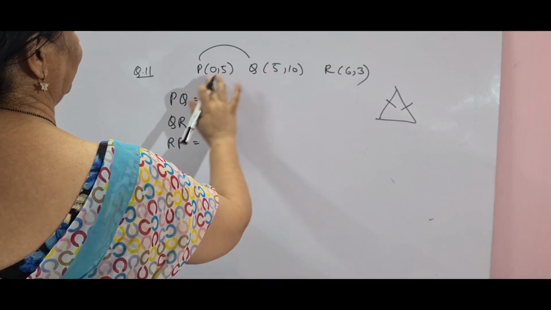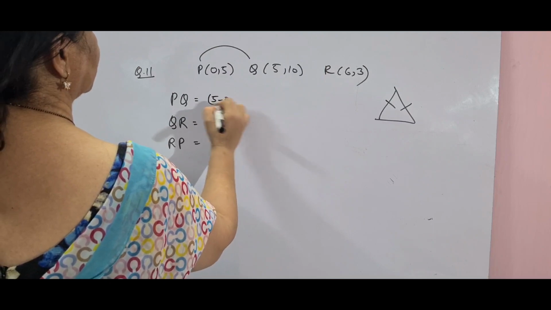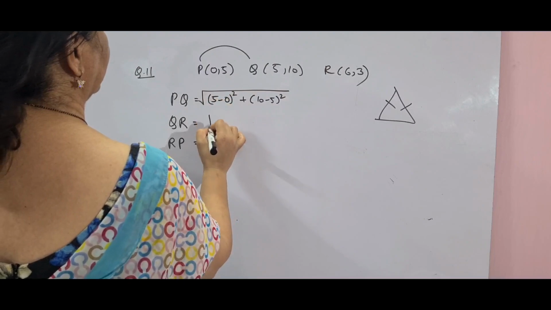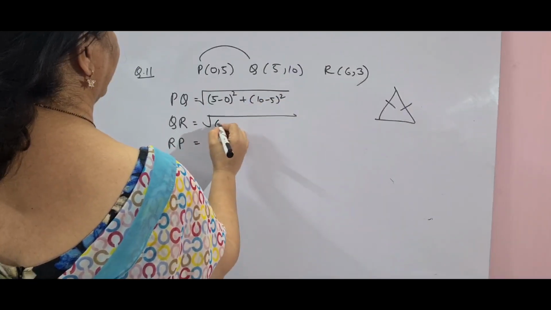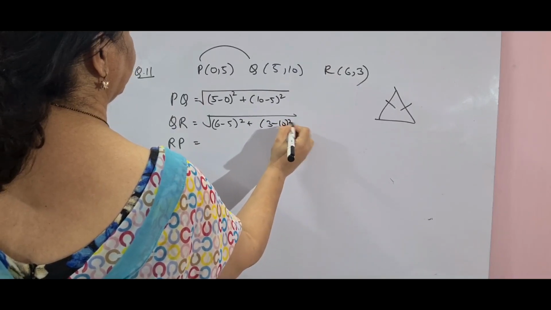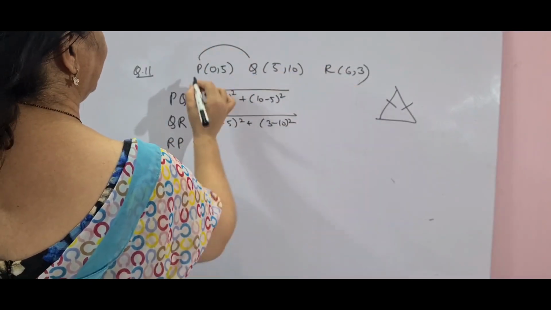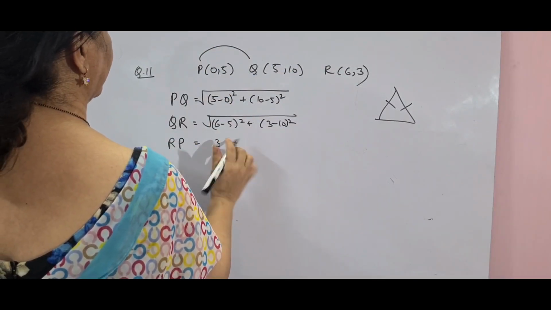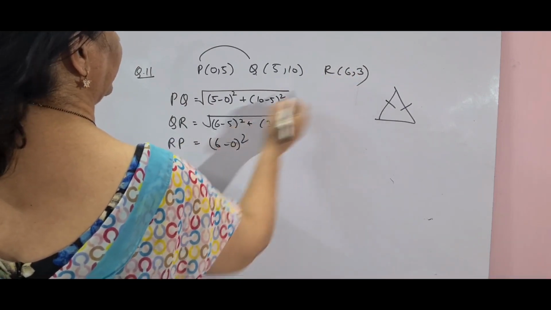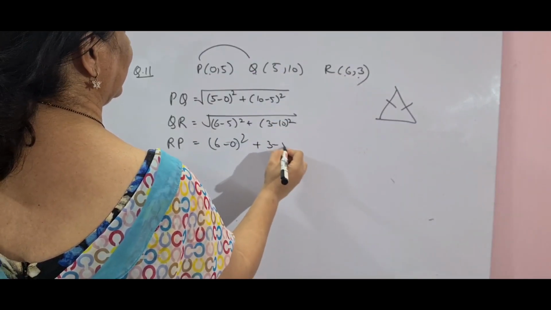So see, I'll start with PQ. Write x2 minus x1, 5 minus 0 whole square plus 10 minus 5 whole square, under the root. Then 6 minus 5 whole square plus 3 minus 10 whole square for QR. Then again RP, 6 minus 0 whole square plus 3 minus 5 whole square.